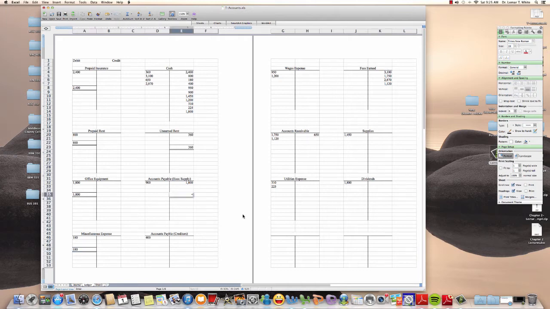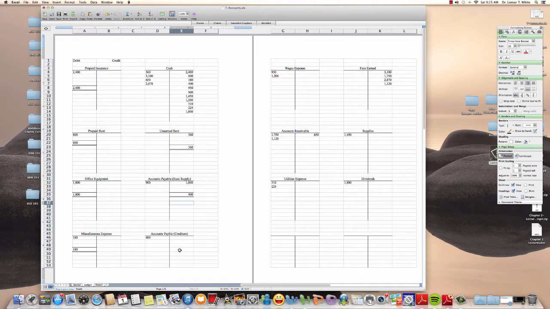We have 1800 minus my 900, and I have a balance of 900 on the credit side. Again, I subtracted my 900 from my 1800, and because the credit side was bigger, the balance is on the credit side. So this account, after these two transactions, has $900 remaining in it, and it's on the credit side.